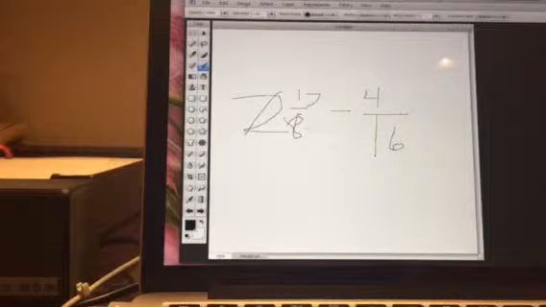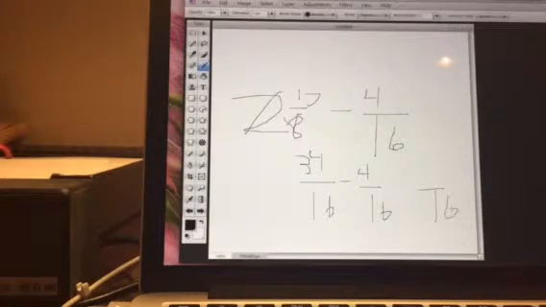Now, if we multiply 8 by 2, we get 16. So we're basically going to multiply 17 times 2, and we're going to get 34 over 16 minus 4 over 16. Now we know the denominator, so we're just going to write this denominator over here.